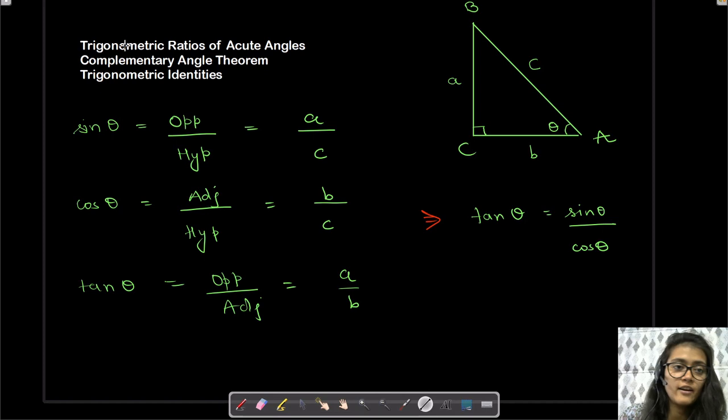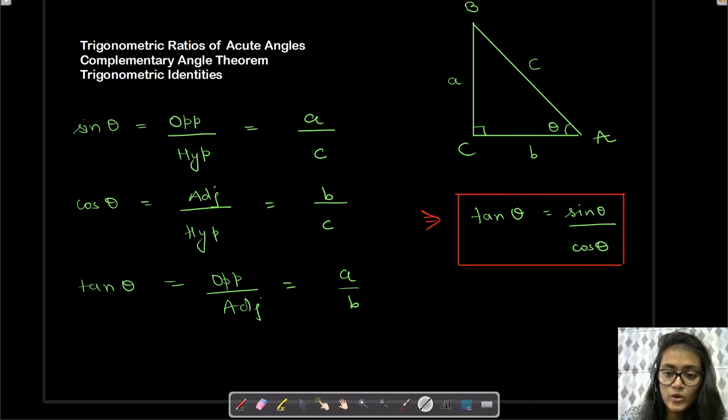So this is again a very useful identity. Okay, so this completes trigonometric ratios of acute angles.